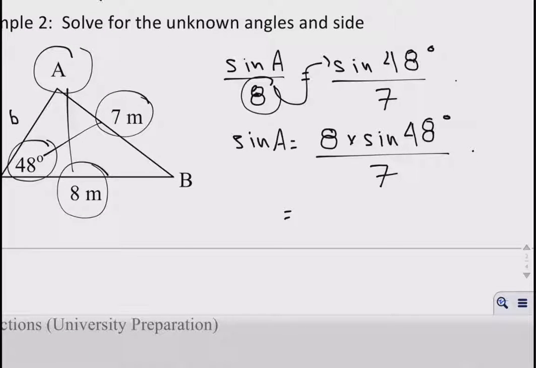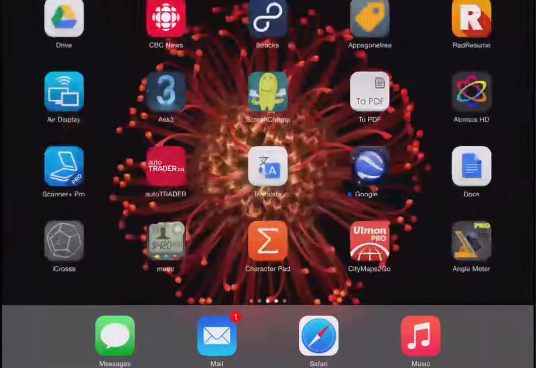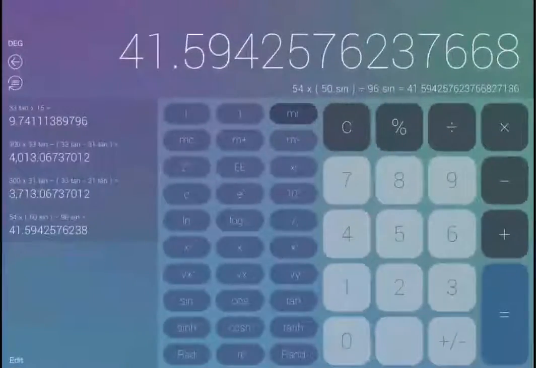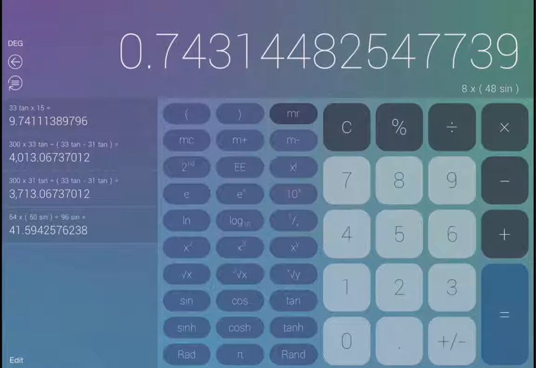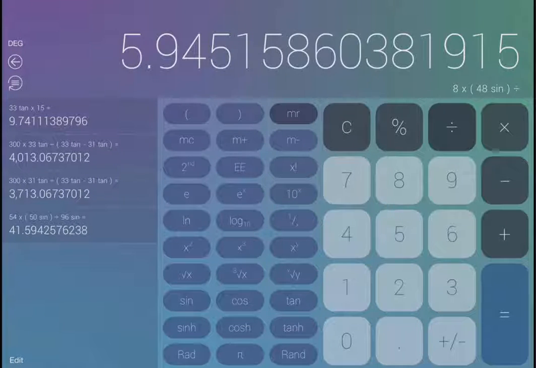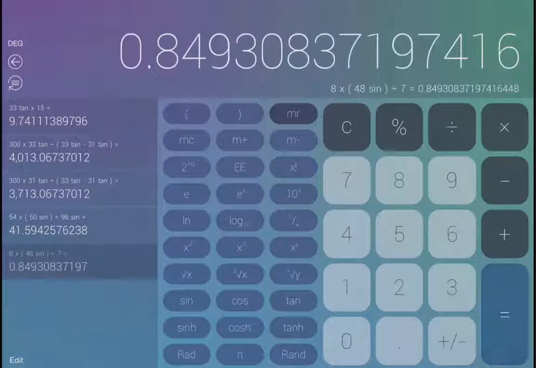Let's go back to our calculator. Clear this. 8 times open bracket 48 sine, close bracket, and that is being divided by 7, 0.8493.